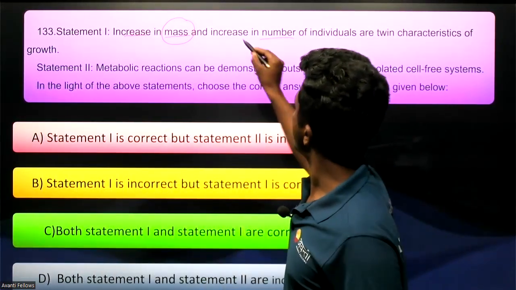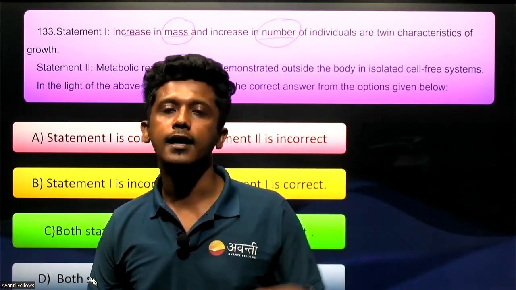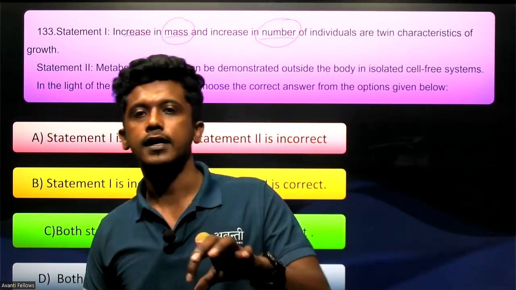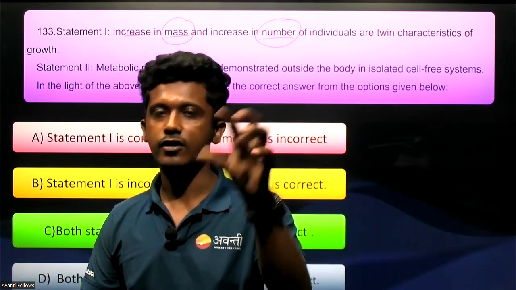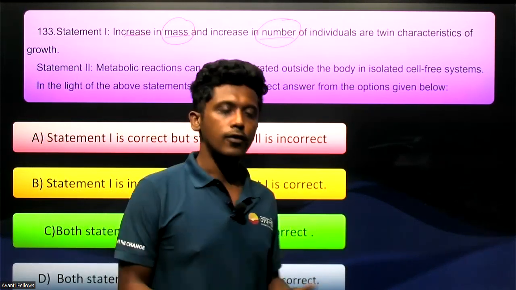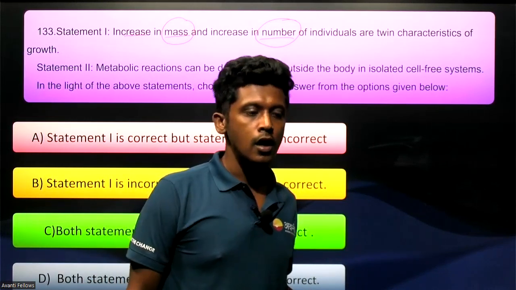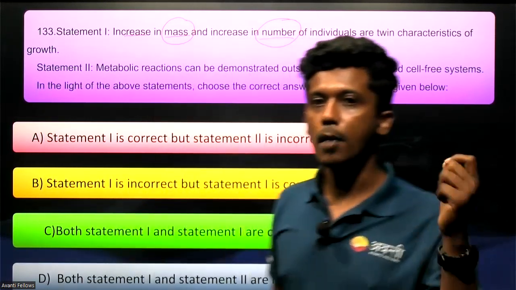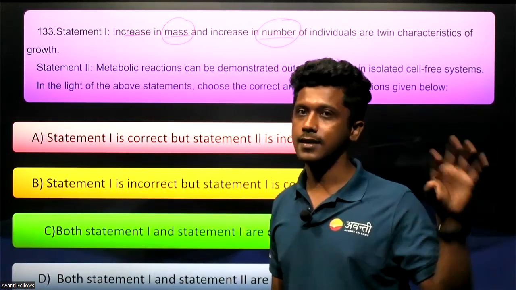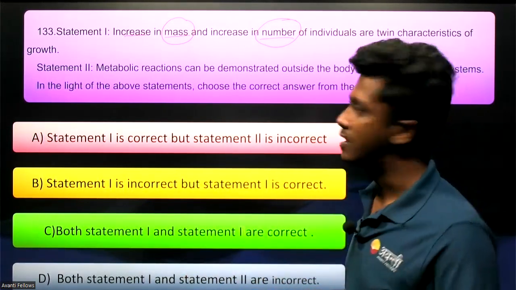Whereas number can be very clearly understood by applying it to microorganisms. If I take, let's say, 100 microorganisms and grow them in a culture medium, after a few days I can see that they have divided and increased their colony numbers. So we can take number as a criterion of growth when it comes to unicellular organisms.